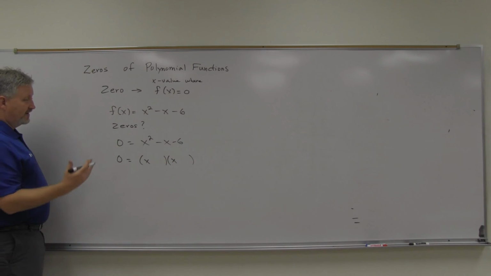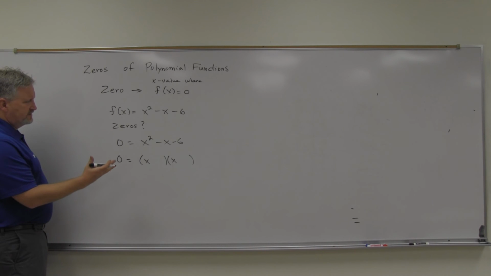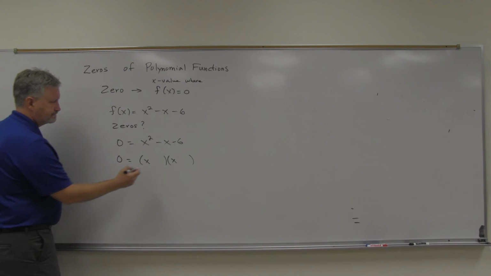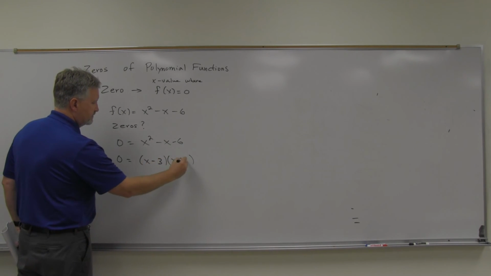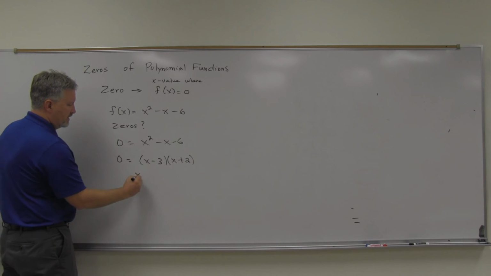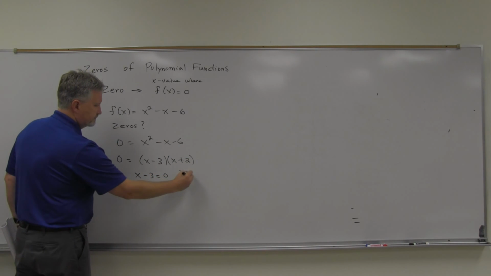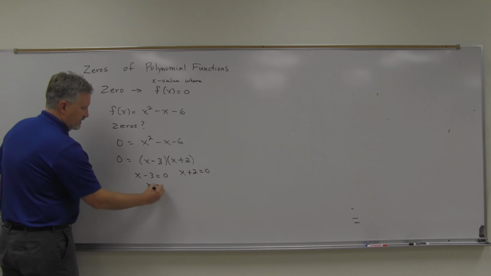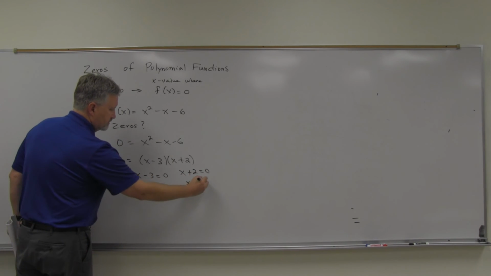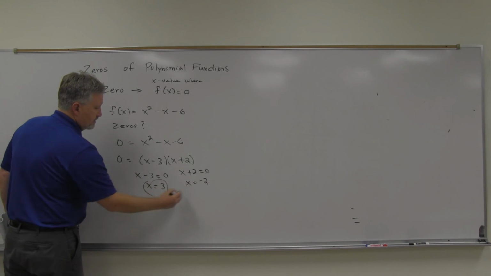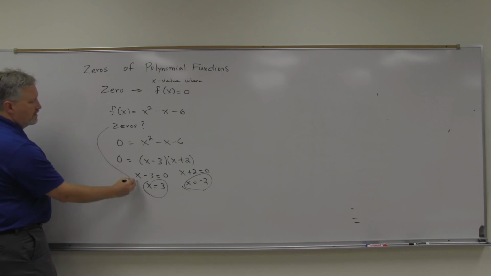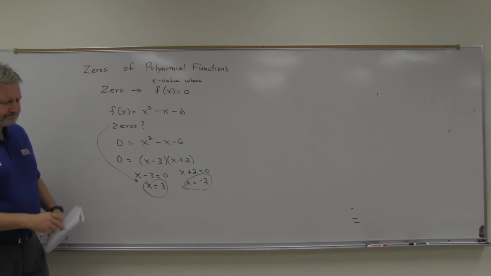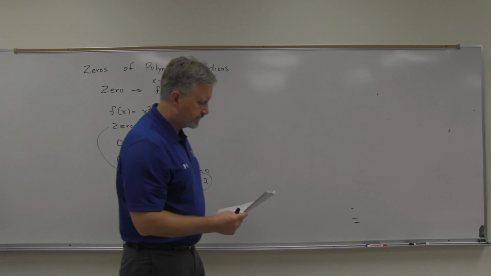It doesn't matter a whole lot, but it's easy enough to factor. Minus 3 plus 2 would be the factoring, so this one's going to have two zeros. The solutions are x is 3, and then x is negative 2. Those are the zeros for this function.